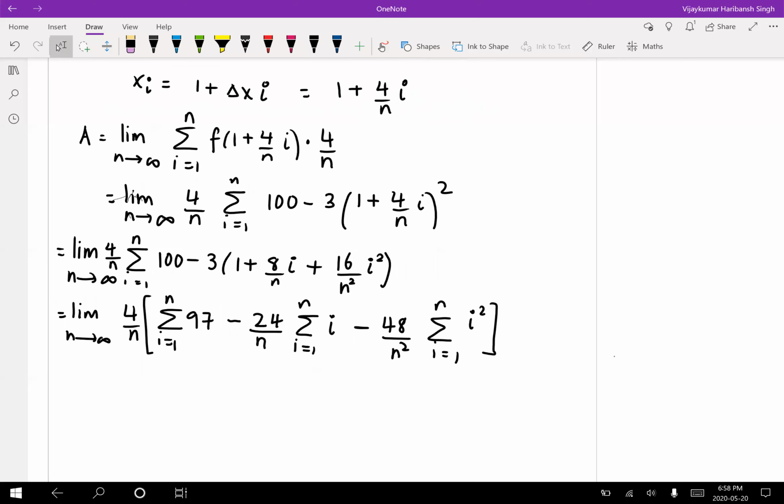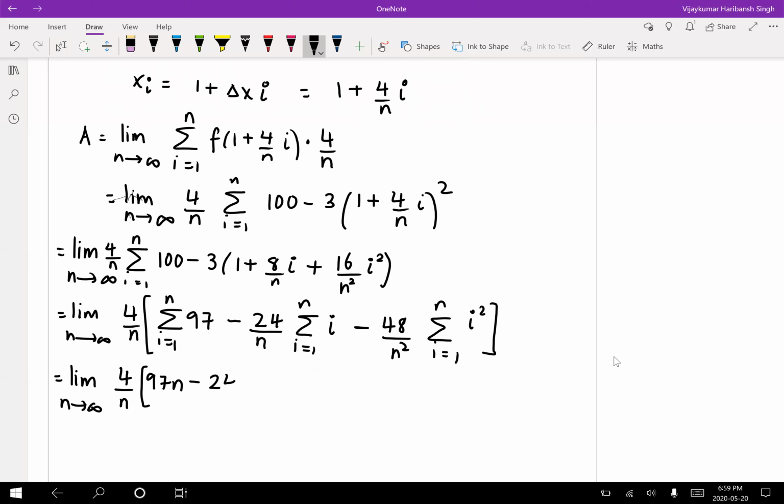Now we need to use the formulas for each of these. So the limit as n goes to infinity, 4 by n. Now what is the formula for this? Summation 97: you're adding 97 n times, so this is going to be 97n.